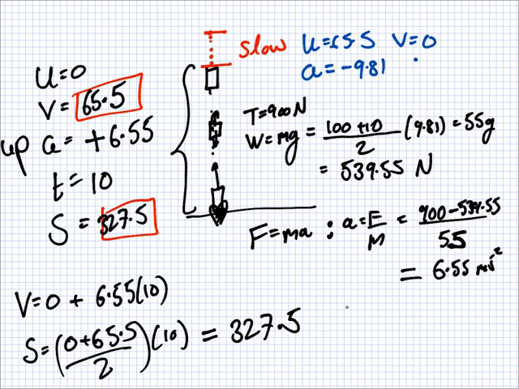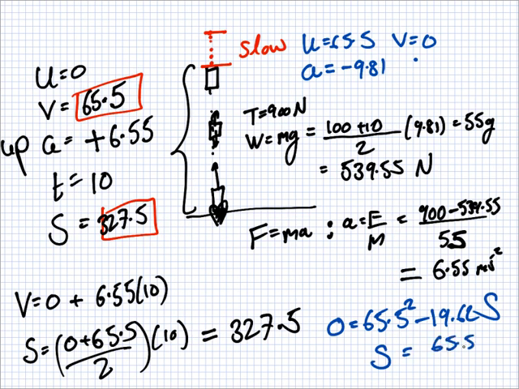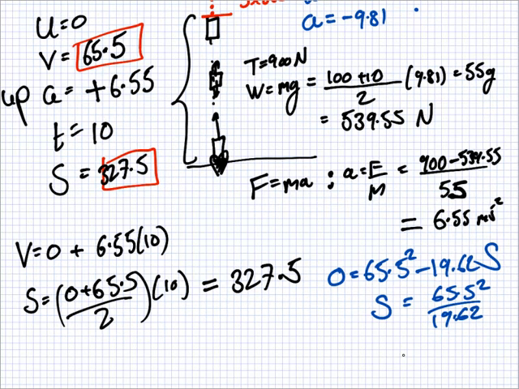Maybe V squared. V squared equals U squared plus 2AS. So the S is whatever 65.5 squared over 19.62 is. $220.